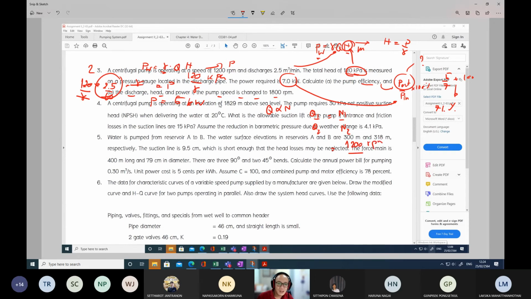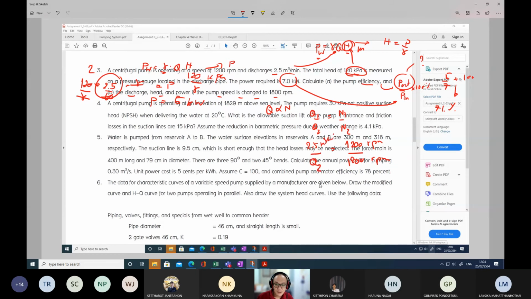Then we increased the speed to 1800 RPM, so that the flow rates we get at 1200 RPM is 2.5 cubic meters per minute.